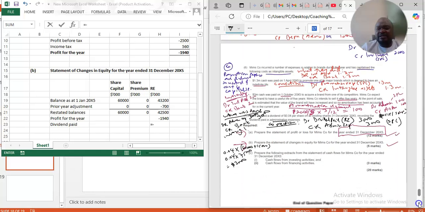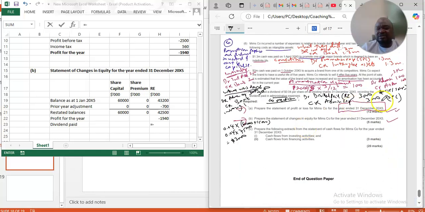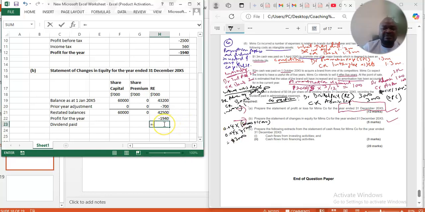It was in the last note, yes, 3,000. So that was an outflow of 3,000. Okay, press enter.